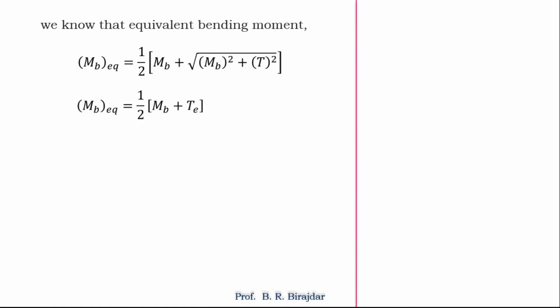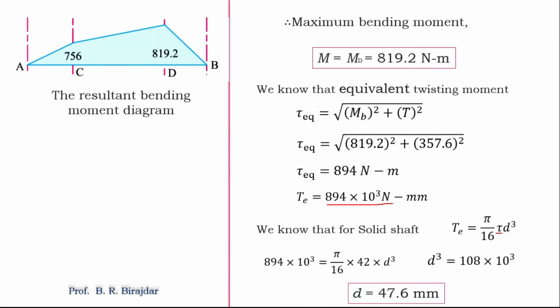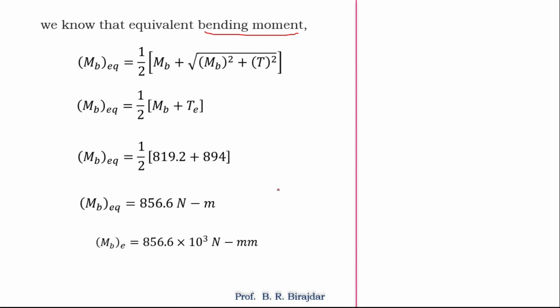Again, just now we saw the diameter by considering the equivalent twisting moment. If you want the equivalent bending moment also, the equation is 1/2 of Mb plus the square root of Mb squared plus T squared, the equivalent bending moment, right?